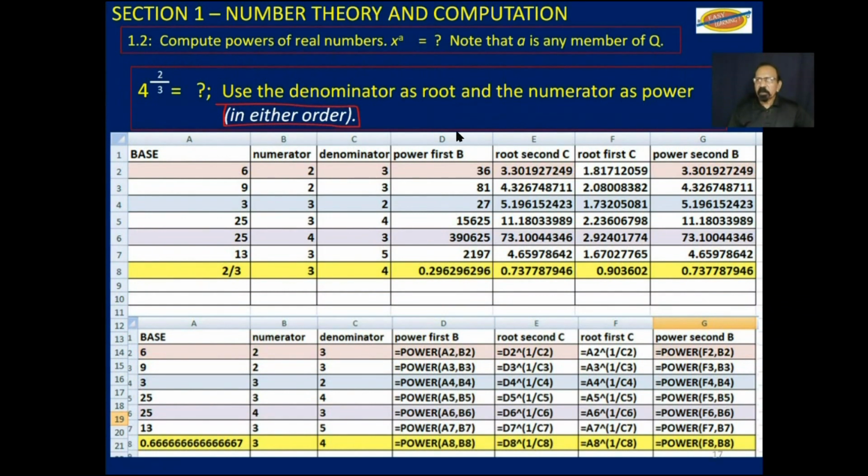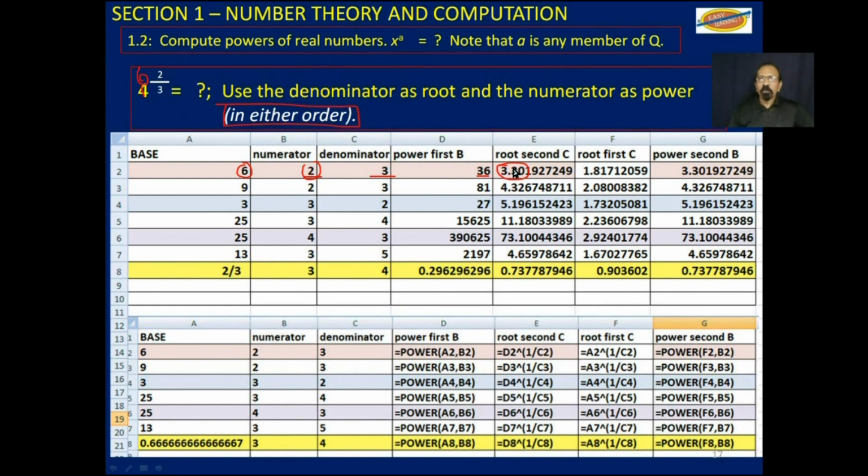So here are some examples, computer generated. We are looking at 6 to the 2/3 power. Now, if you find the power first, you get the square of 6, which would give you 36. And then you find the cube root of 36, and you get that.